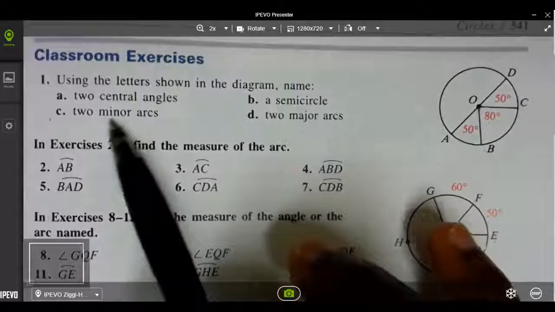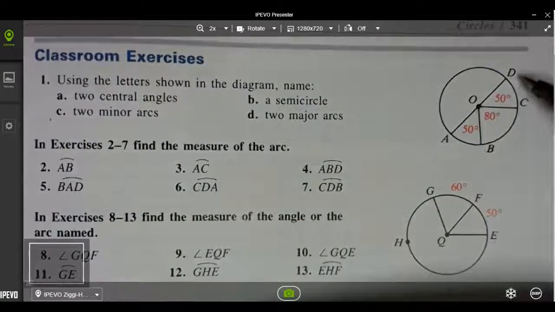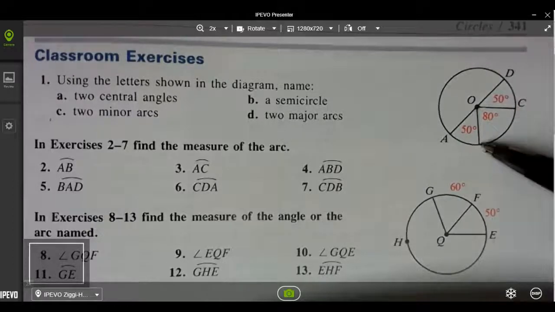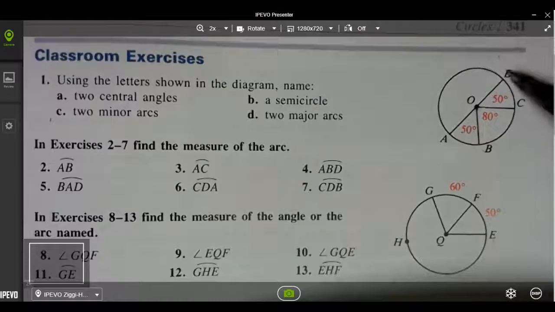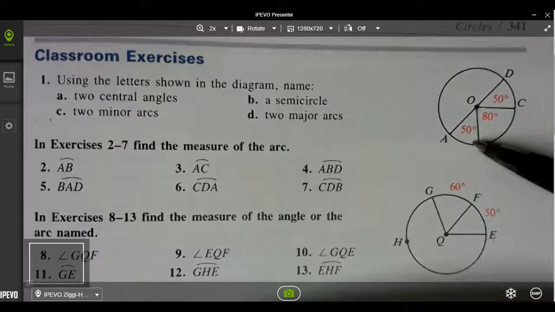Two minor arcs. Minor arcs have to be less than 180 degrees. So arc DC is a minor arc, and its major arc will be DAC or DBC. Arc DB is a minor arc, then its major arc is going to be BAD. And arc AB is a minor arc.